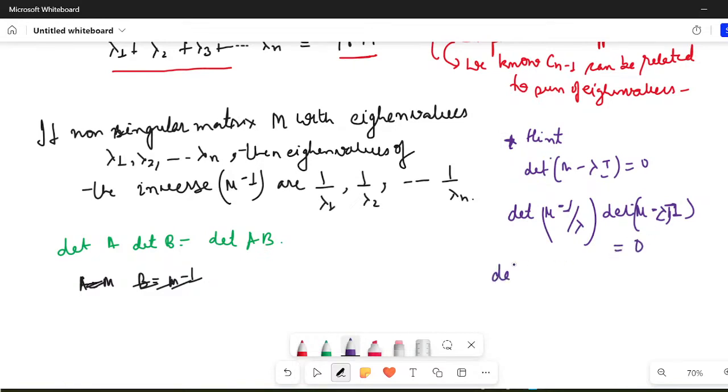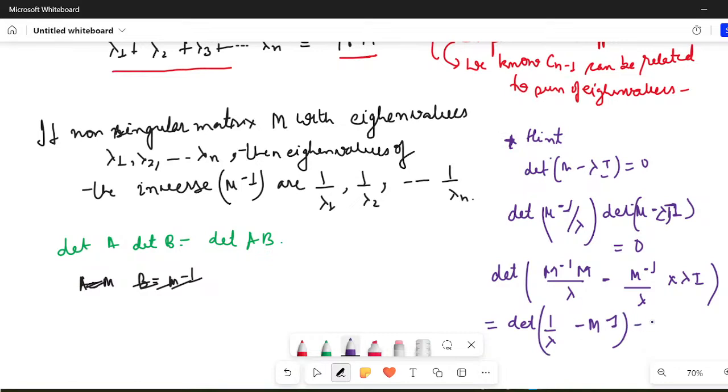And from here, this will be the determinant of A into the determinant of B, which is the determinant of AB. So this will give you the determinant of M inverse M upon lambda minus M inverse upon lambda into lambda I. And here you will get the determinant of 1 upon lambda minus M inverse equal to 0.